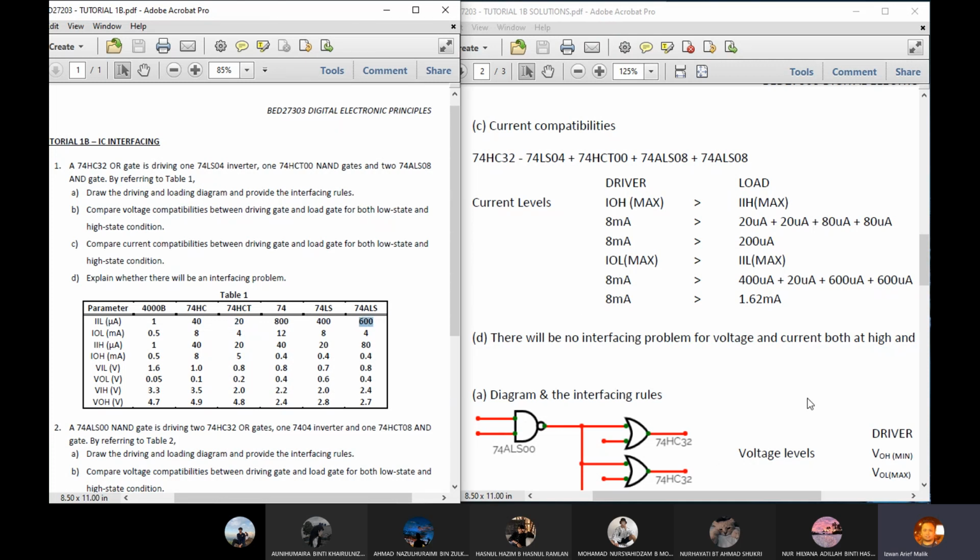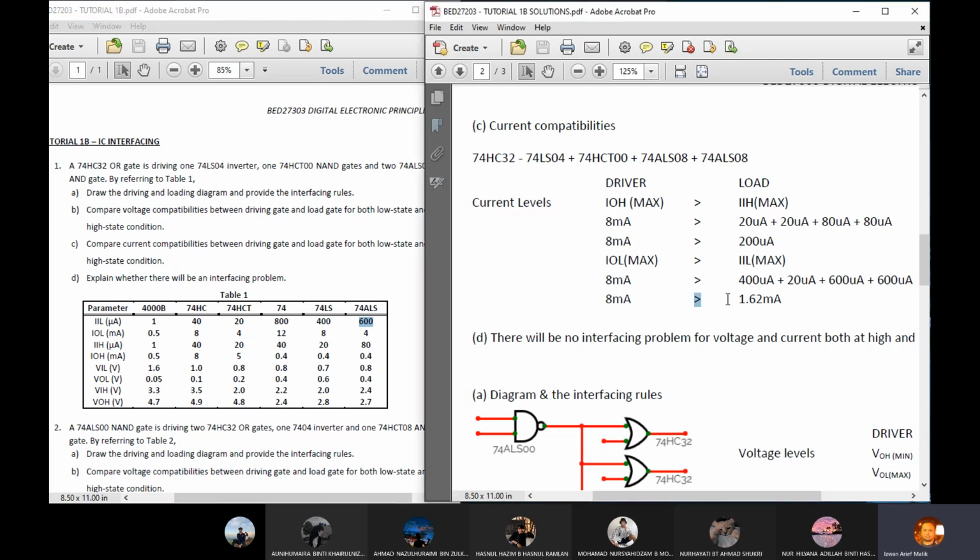So tapi yang ini you kena tambah 2 kali lah, sebab ada 2 IC, 2 gate. So 400 micro plus 20 micro plus 600 micro plus 600 micro, you will get 1.62 milliampere or 1620 microampere. Samalah tu, milli dengan micro, just convert je kan. And then compared obviously 8 milli greater than 1.6. So betul lah dia memenuhi syarat yang ini.